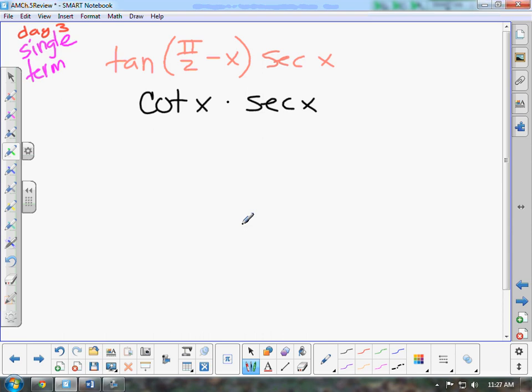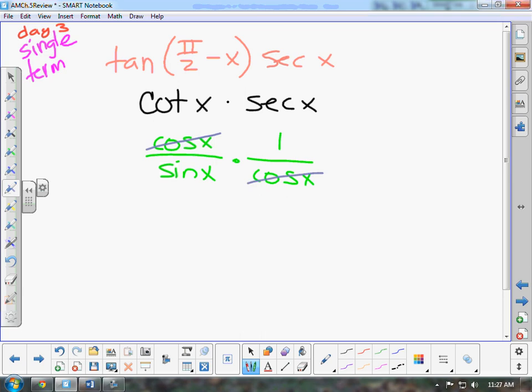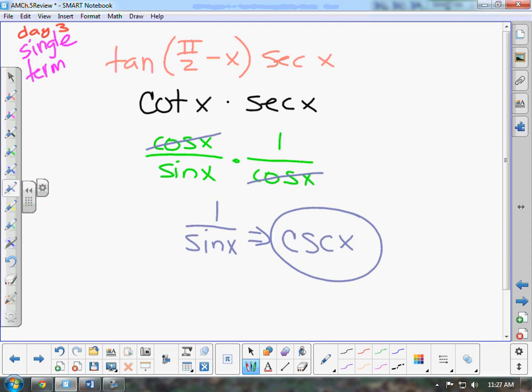Cotangent is cosine of x over sine of x, and secant is 1 over cosine of x. By your multiplication properties of fractions, you can divide out a cosine, and you are left with 1 over sine of x, which is the same as cosecant of x. And now we have one term.